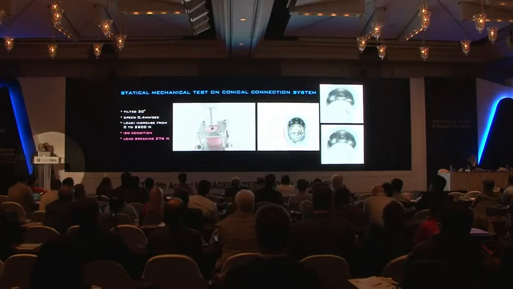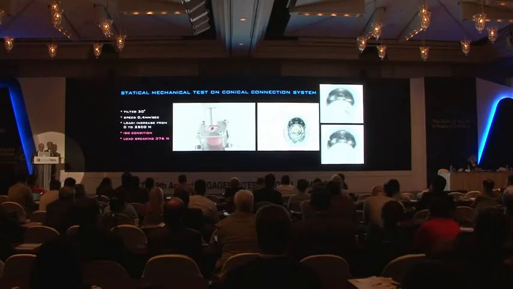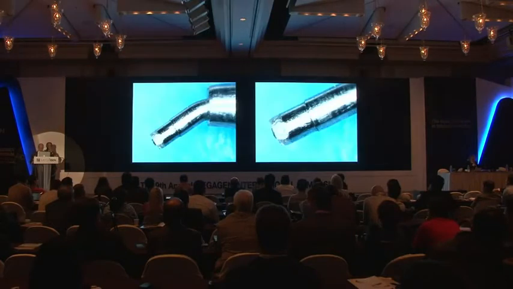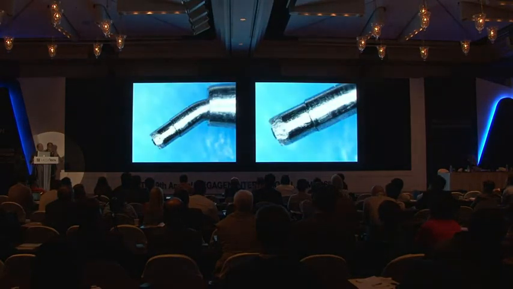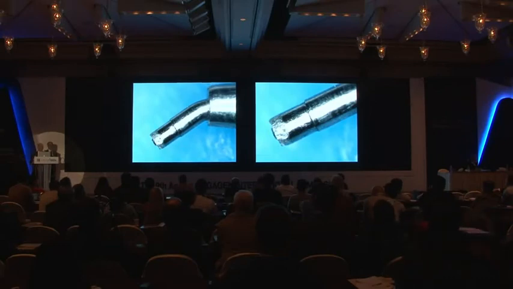And if we analyze the stereo microscope images on the right, we can see that with a conical connection, we have a deformation of the implant that allows the abutment to be ejected under load. We also have the deformation of the screw and not of the conical part of the abutment. This is because we have great friction between the conical part of the abutment and the implant.